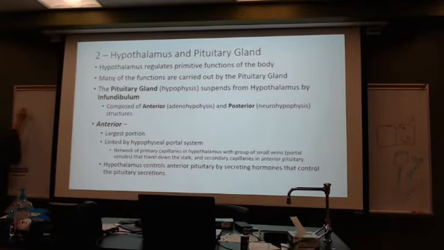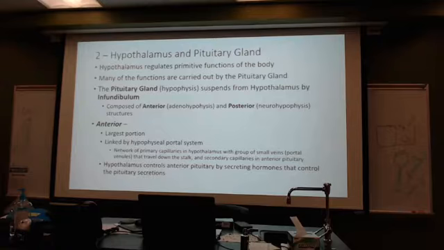I have something called growth releasing hormone. So I get some information that triggers that the body needs this hormone.